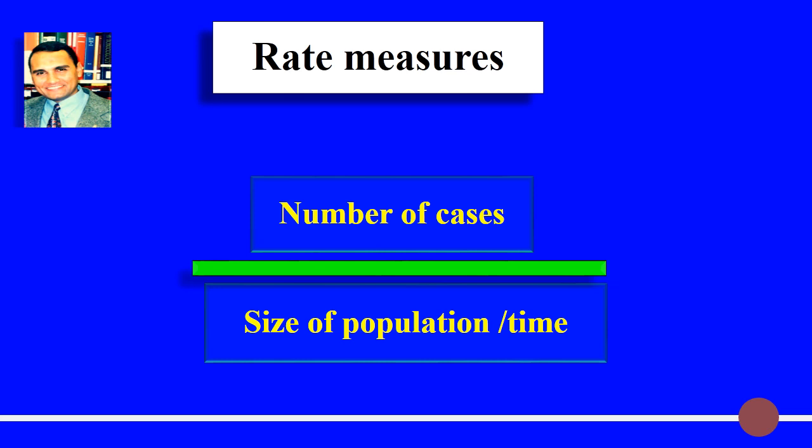Rates are particularly useful for comparing the frequency of disease in different localities whose populations differ in size. Rates are also useful for comparing disease occurrence during different periods of time.